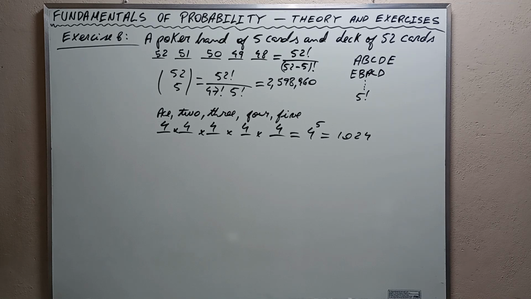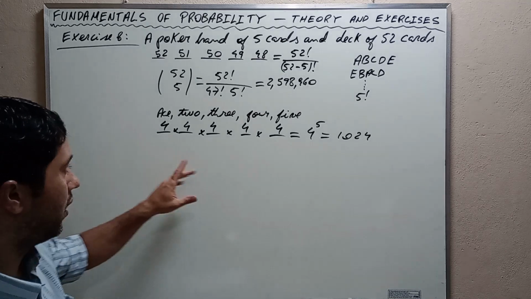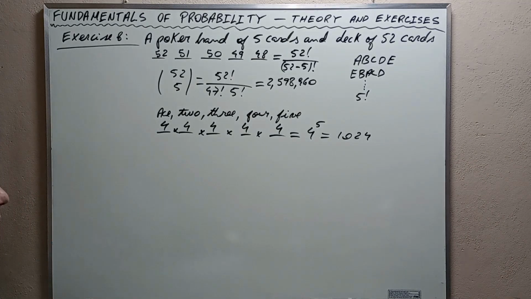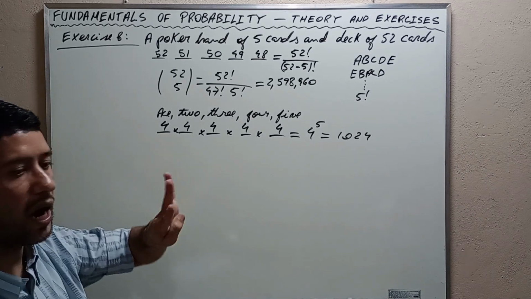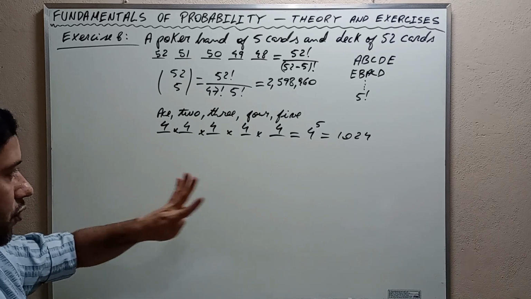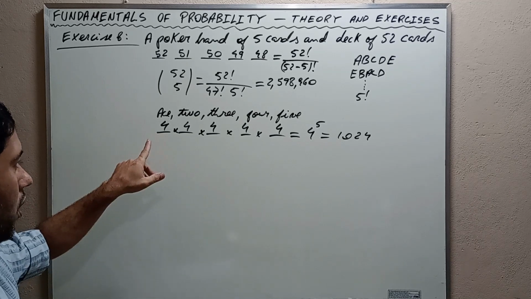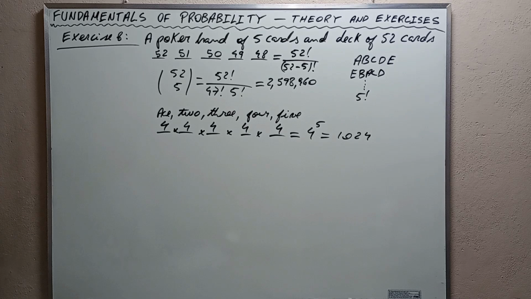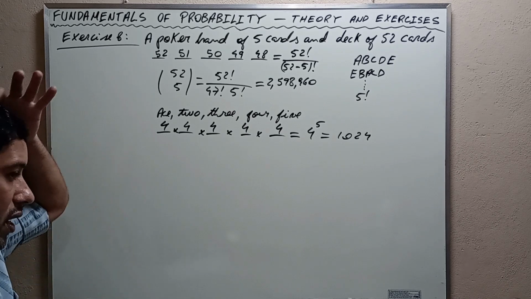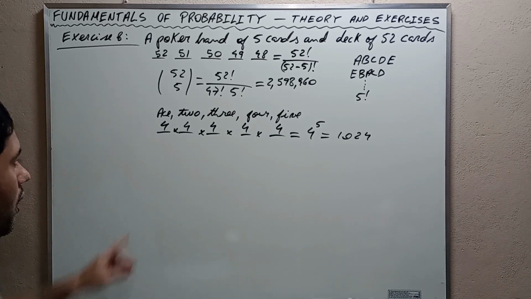Nevertheless, since in 4 of these outcomes all the cards will be of the same suit, this is a detail very difficult to spot. There is a detail here. There are 4 suits, okay? Let's take, for example, the hearts. The hearts is 1 suit.